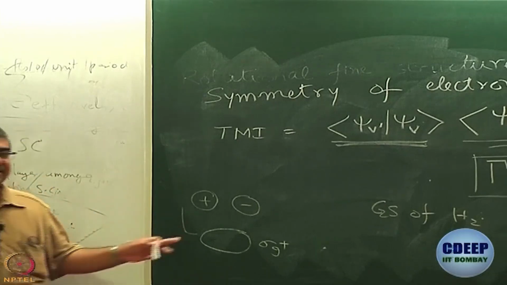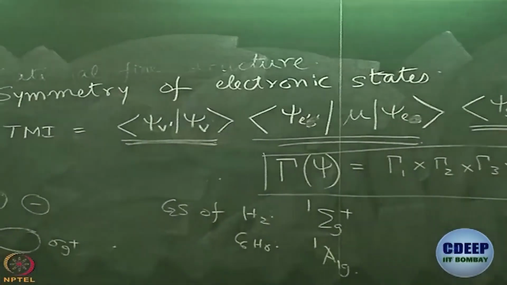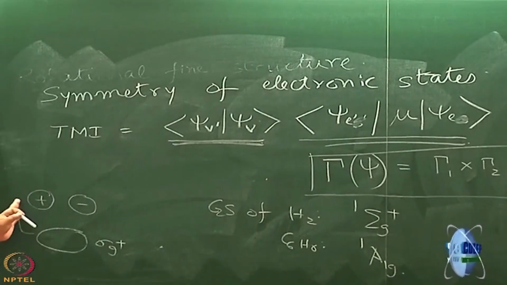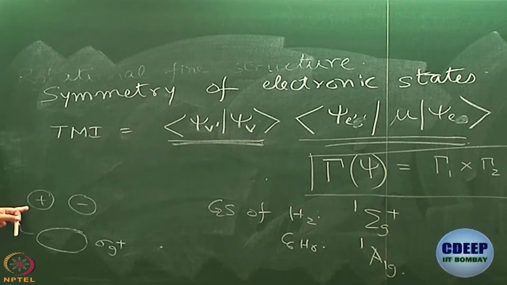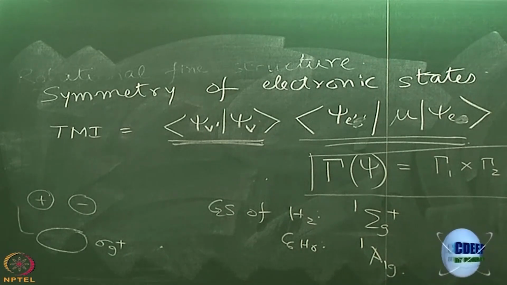What is the symmetry of this? We had done this earlier. But the first thing to ask in situations like this: g or u? u, definitely u, right? And it is some kind of sigma u, of course. Which one? Sigma u minus or sigma u plus?